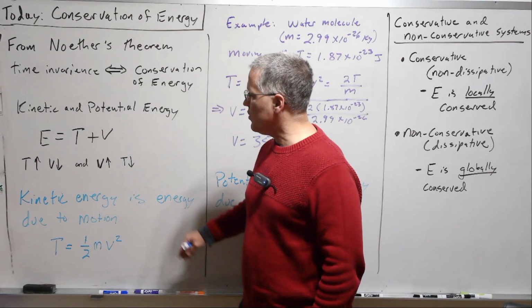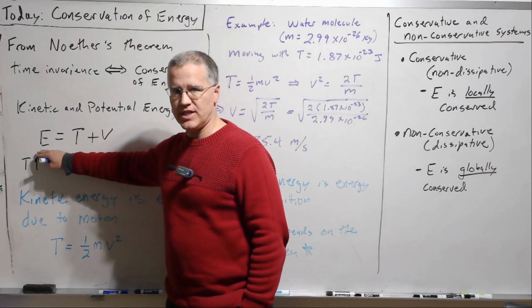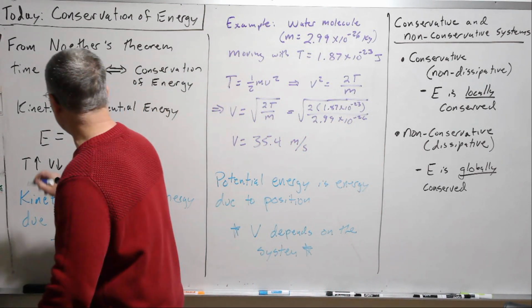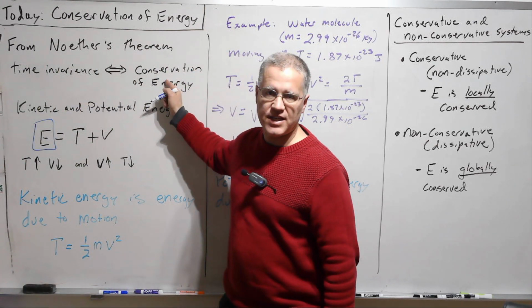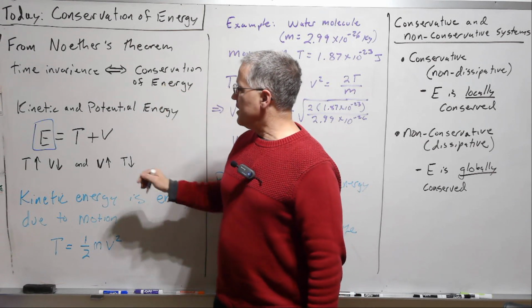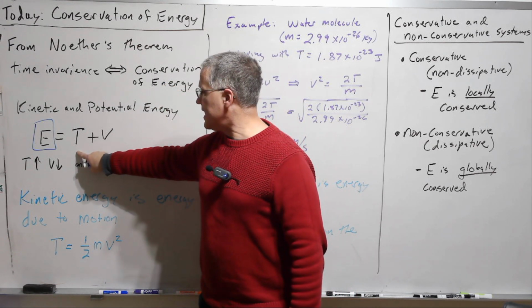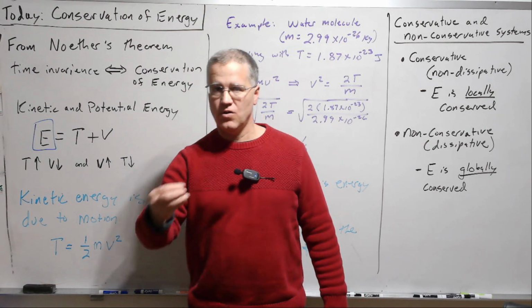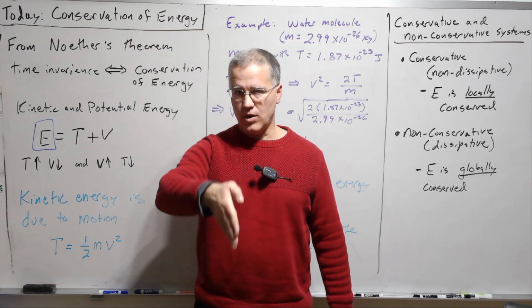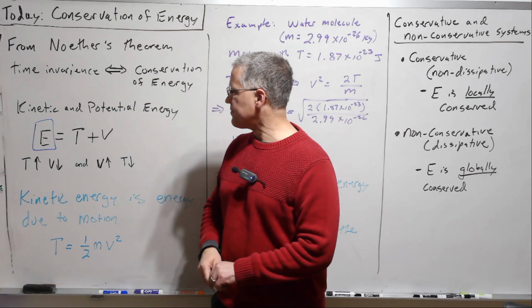All right, so what this means is that the total energy, and it's this that is conserved, that's the total energy that's sitting here in Noether's theorem, is equal to the kinetic energy plus the potential energy. So energy is either kinetic or potential when we break it down this way.